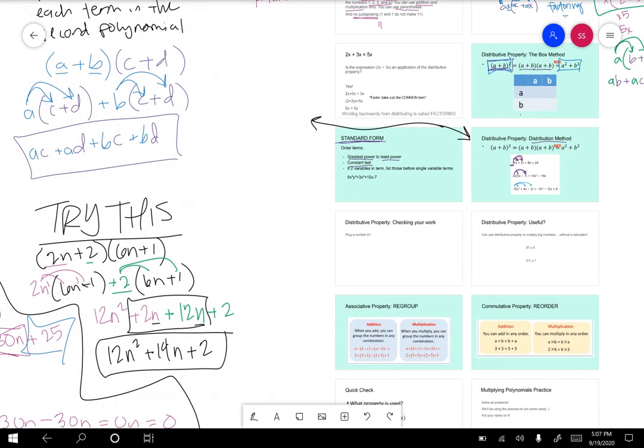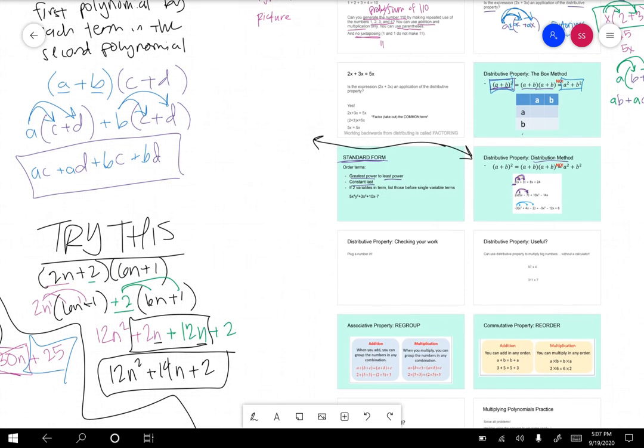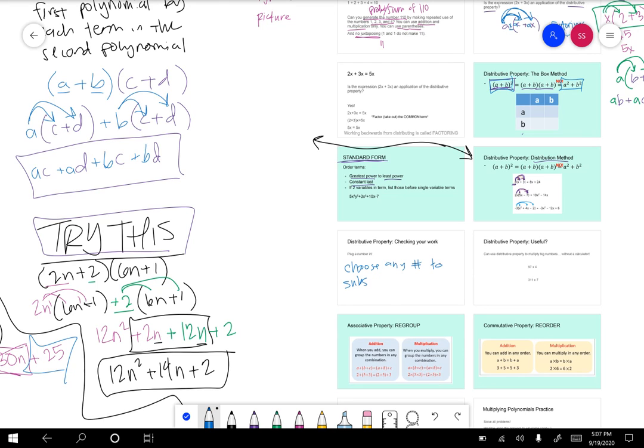Basically, to check your work, I'll just show you with the try this problem. To check your work, you're going to choose any number to substitute for the variable. Here we have the variable n, so I'm just going to say that n equals 0.